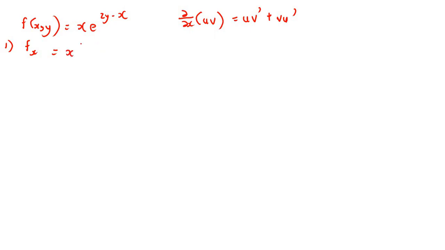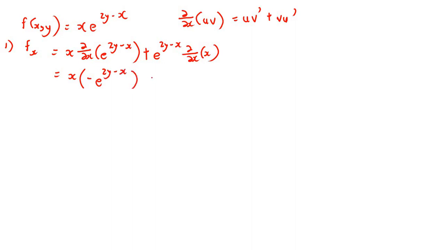So u is x, and the derivative of e^(2y − x) with respect to x is negative e^(2y − x), plus e^(2y − x) times the derivative of x, which is 1.